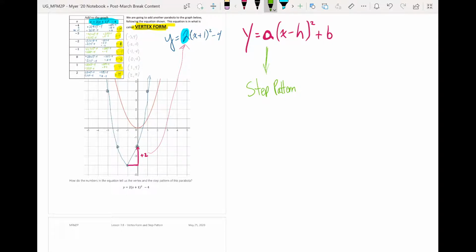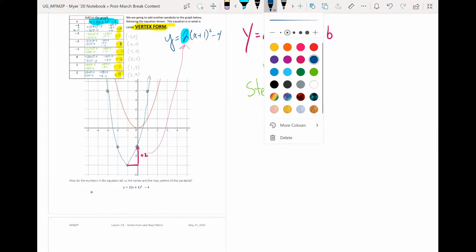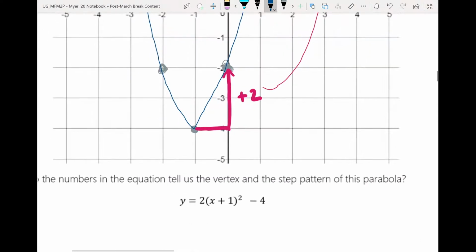So if we're drawing that parabola, the first step would be over 1 and up or down depending on whatever that value is. So the other thing I want you to notice is our vertex here. We have a vertex of -1, -4. All right? So that's our X and Y coordinates.